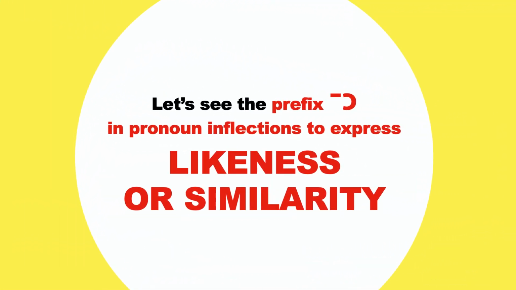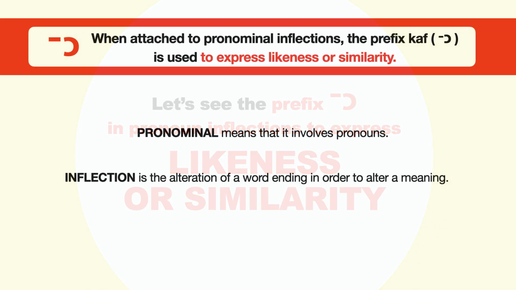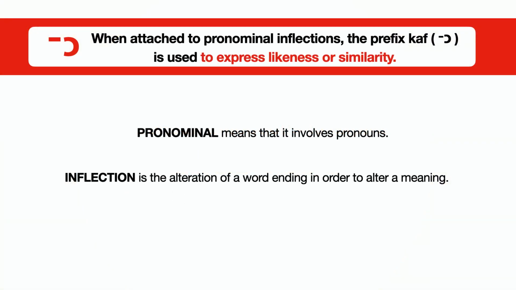And the prefix kaf is also used in pronoun inflections to express likeness or similarity. When attached to pronominal inflections, the prefix kaf is really communicating being like someone or being similar to someone.